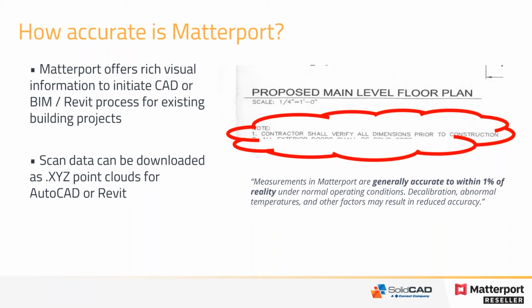So a lot of people are always asking, how accurate is Matterport? Well, on paper they call it 99%, but I like to say it's more schematically correct. So I'm not using it to fabricate or manufacture any components for the building.